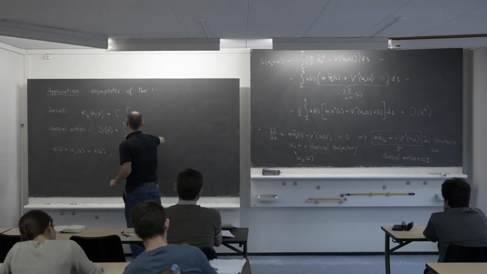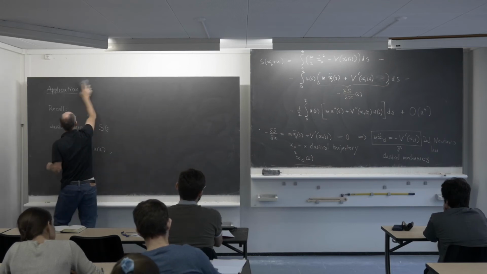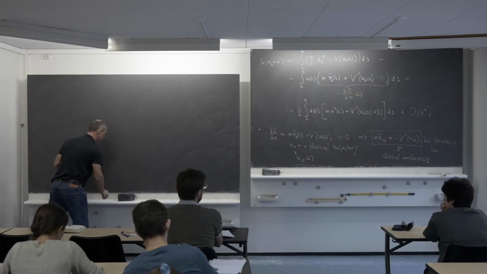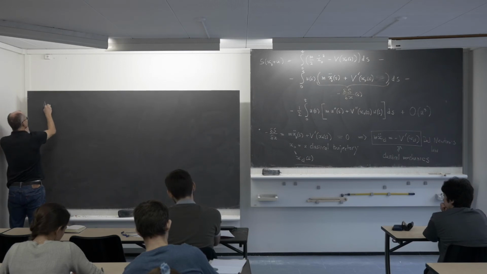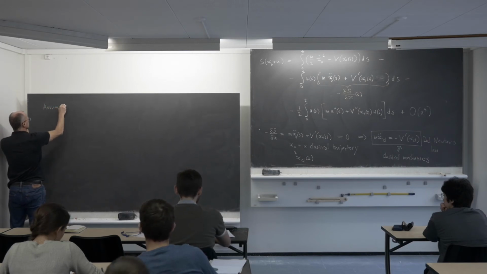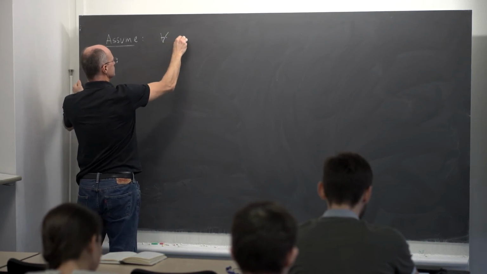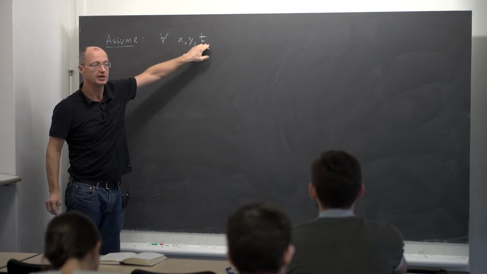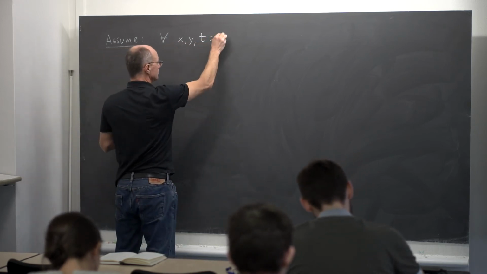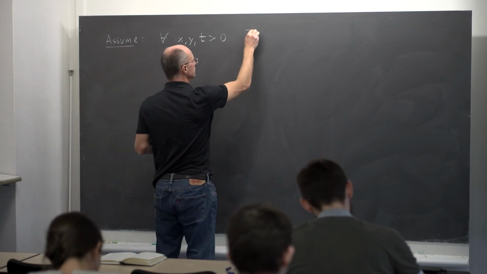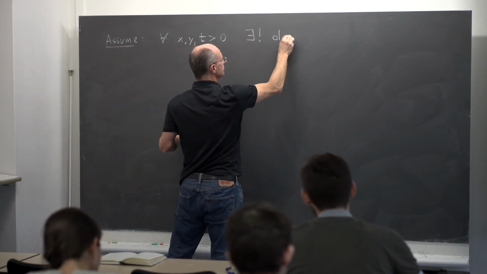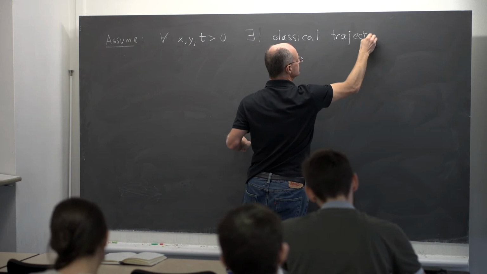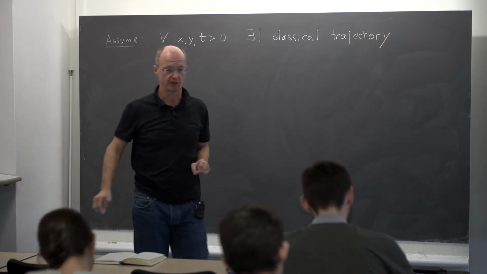So let's make a simplifying assumption. Assume that for all pairs of points x, y, and for all time periods t greater than 0, there is a unique classical trajectory.